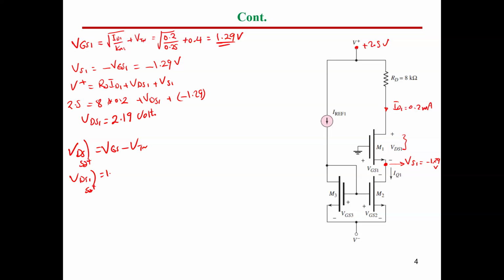So 1.29 minus 0.4. Calculate this value and compare it to VDS1.